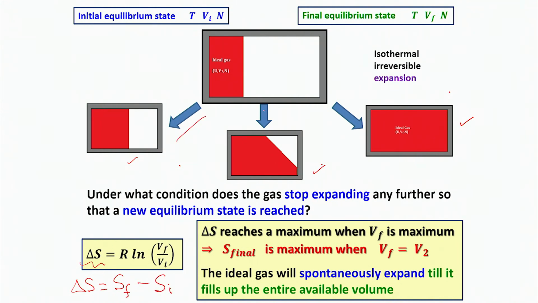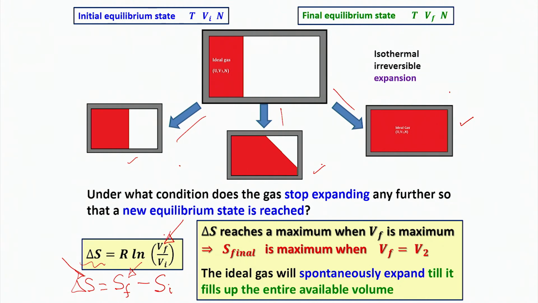In all these three cases, I am starting from the same initial state. And therefore, S final will be a maximum only when delta S is a maximum. And if delta S is maximum, in that case, I will say that my final equilibrium state has a maximum entropy. Now look at the expression of delta S. So delta S will be a maximum when V final is a maximum.